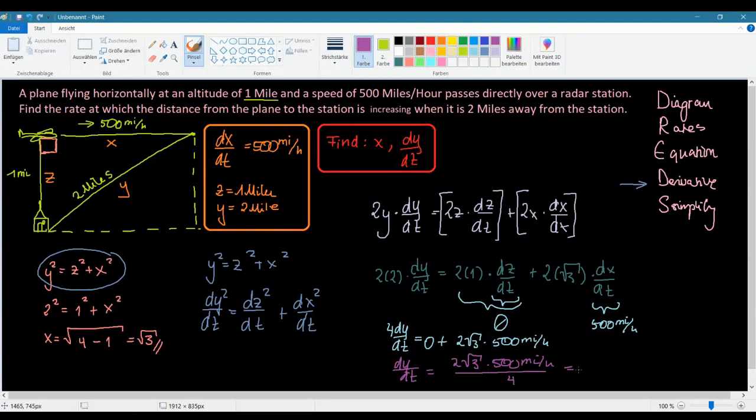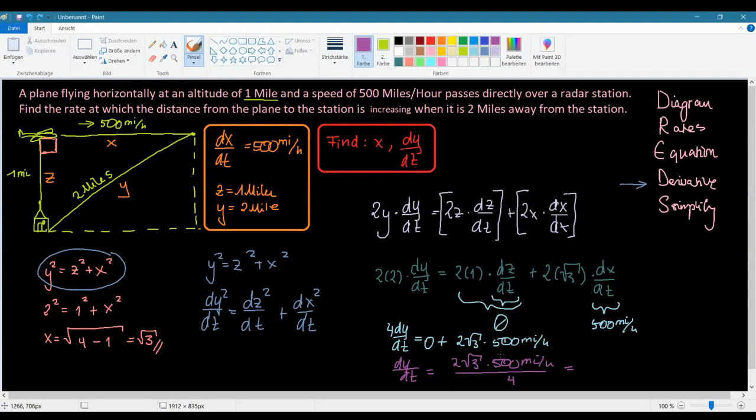So we're going to divide by 4 so that we can solve for dy by dt. And we're going to end up with 2 square root 3 times 500 miles per hour over 4. And that is going to simplify to square root 3, because 2 over 4 simplifies to 1/2, right? But actually, you don't have to. You could do it an easier way.